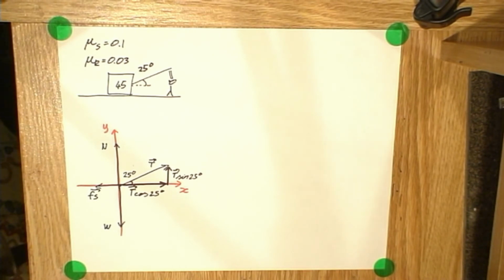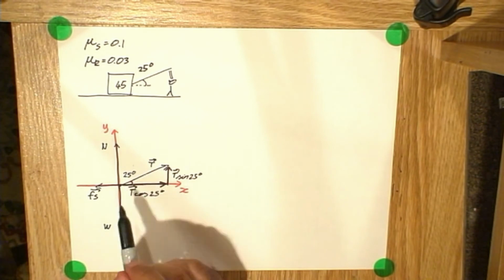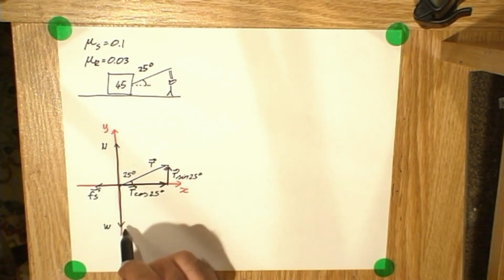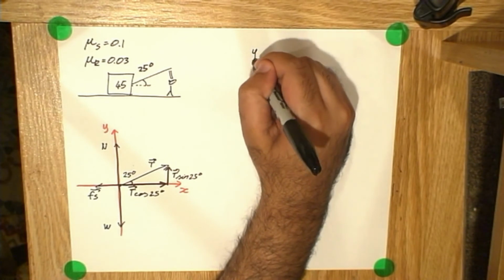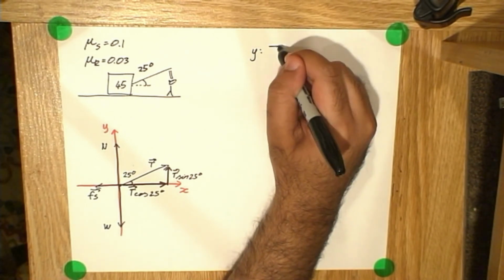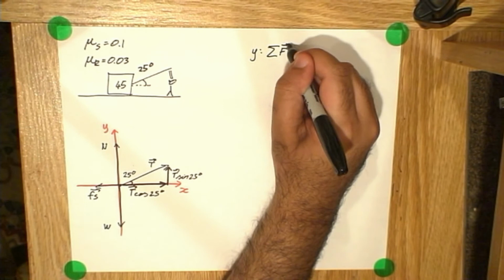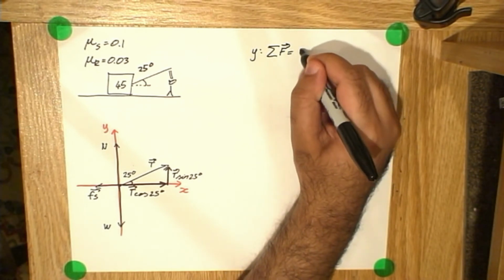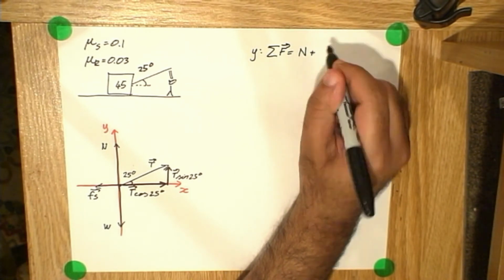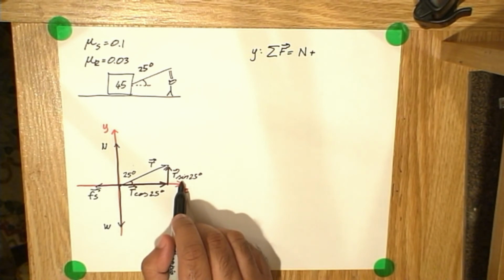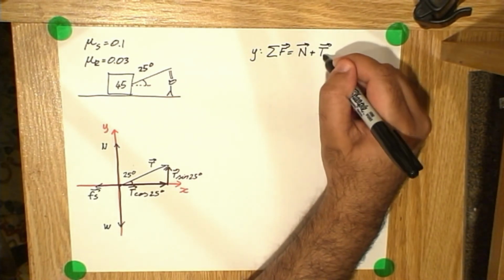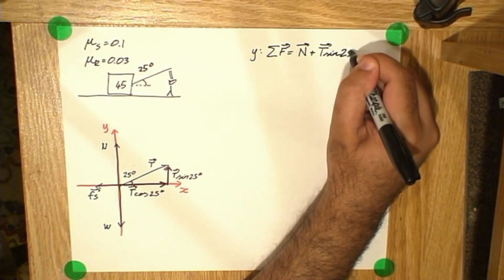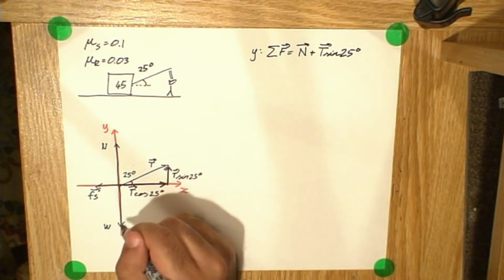Now, let's start analyzing what is taking place. Let's start with the y direction because we have a static friction here. We need to follow the y direction first. In the y direction, we know that the total force is going to be normal plus tension sine 25 minus the weight.